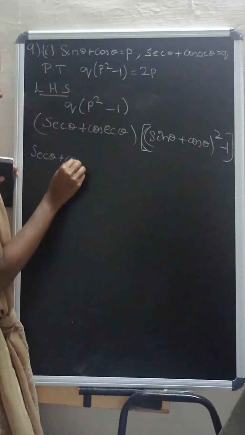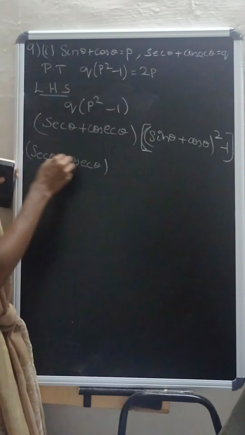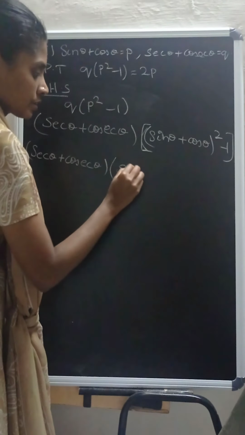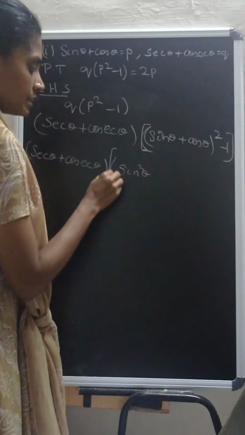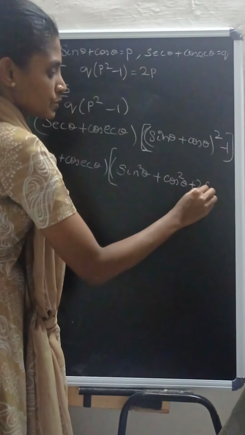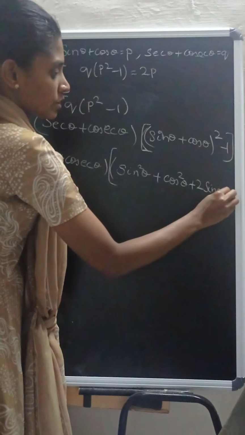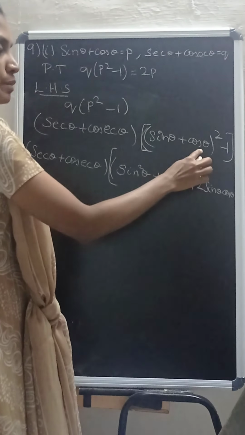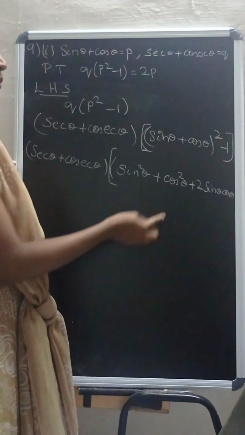Secant theta plus cosecant theta into sin square theta plus cos square theta plus 2 sin theta cos theta. Now this is a plus b the whole square. What is the identity?